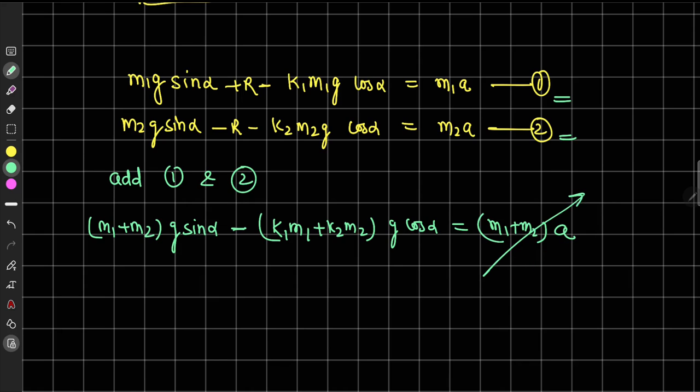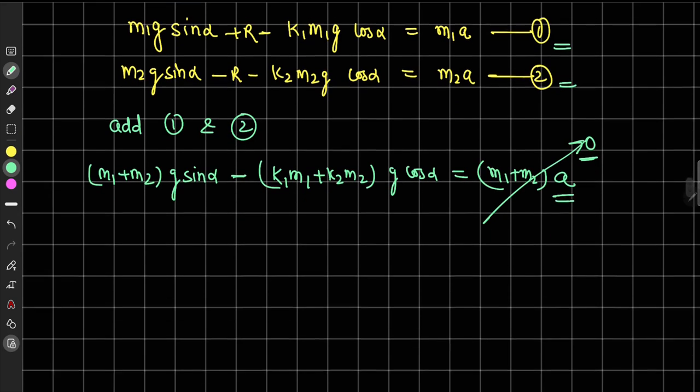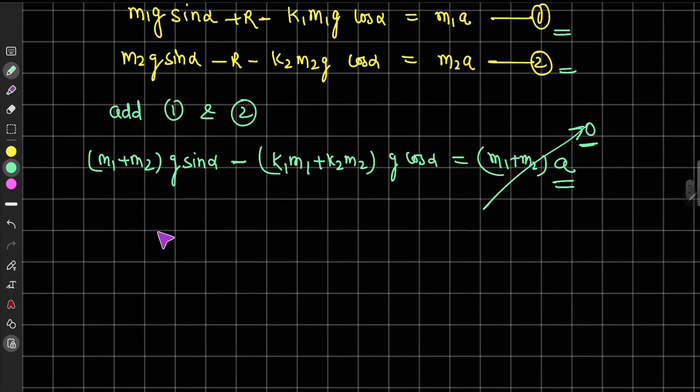This will be equal to 0, as we have stated that the acceleration should be equal to 0. For that case we can write (m1 + m2) g sin alpha = (k1 m1 + k2 m2) g cos alpha.